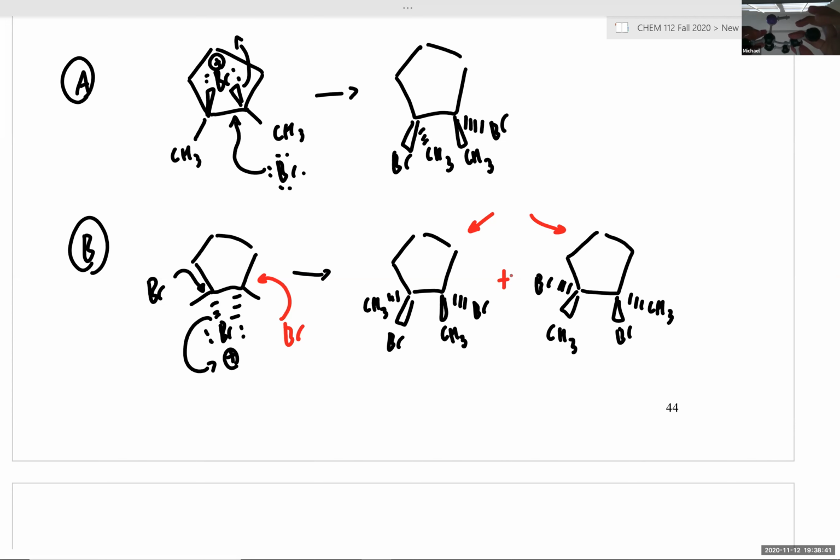We see in the chat that some students are proposing that they're identical, other students are proposing that they're enantiomers. Let's do a hard check using stereochemistry.